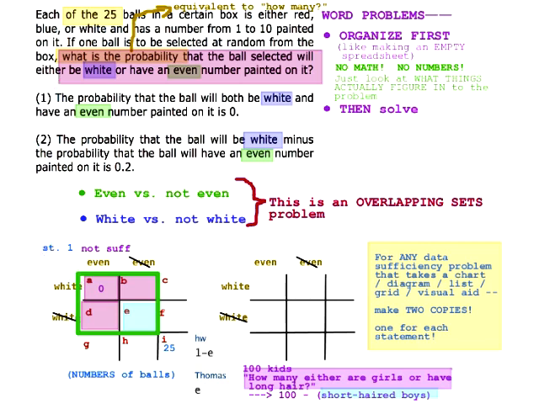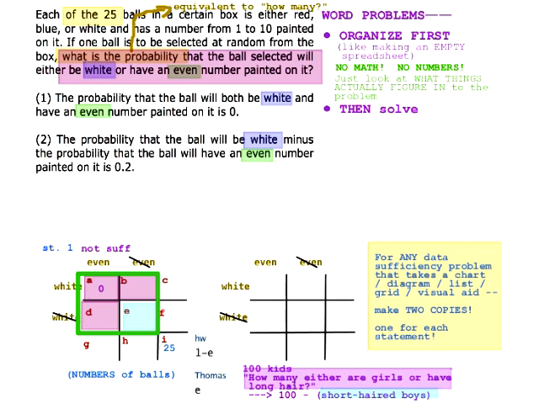Statement 2. So statement 2 is in terms of probabilities. And we got everything else in terms of numbers of balls here. How can we do that in terms of numbers of balls?